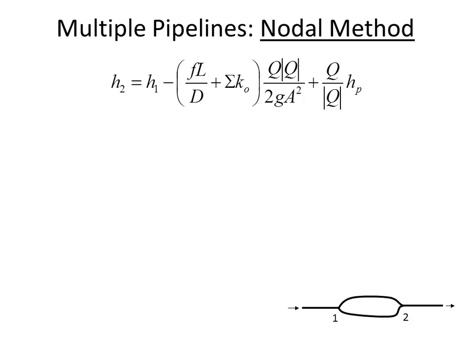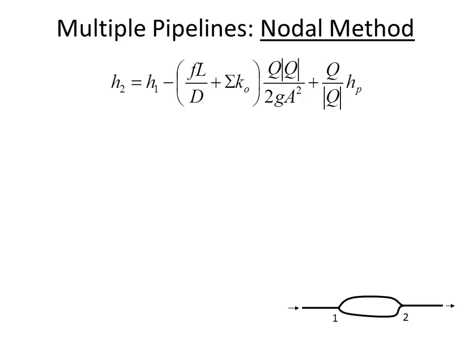Well, first of all, for H, what they mean by H is all these normal terms of the energy equation. So Z1 plus P1 divided by gamma plus V1 squared divided by 2g. So the elevation, pressure, and velocity head, add all that together, and I'm going to call it H1. All of this for 2, the elevation, pressure, and velocity head, that's H2.